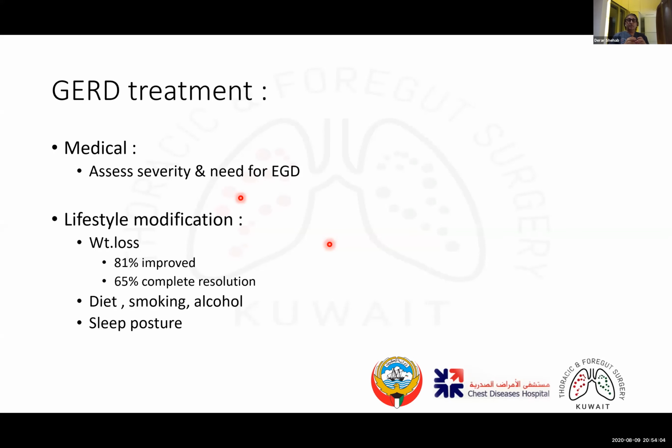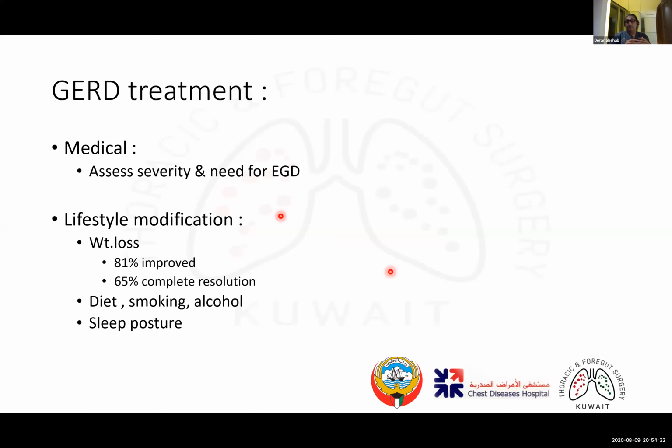Before you start your treatment, I think you should assess the patient for the need of upper GI endoscopy. But either way, what we ask for initially is to modify the lifestyle. So ask them to lose weight, stop smoking, stop alcohol if they drink, and change the diet.